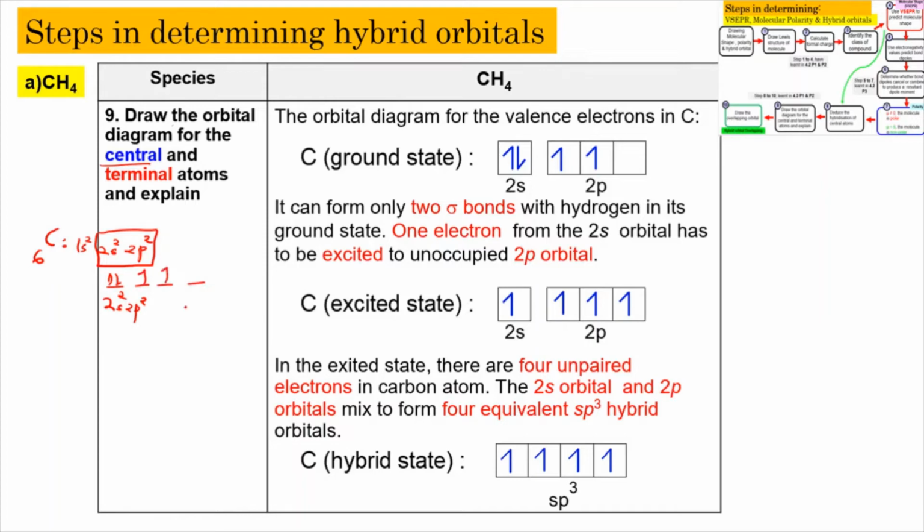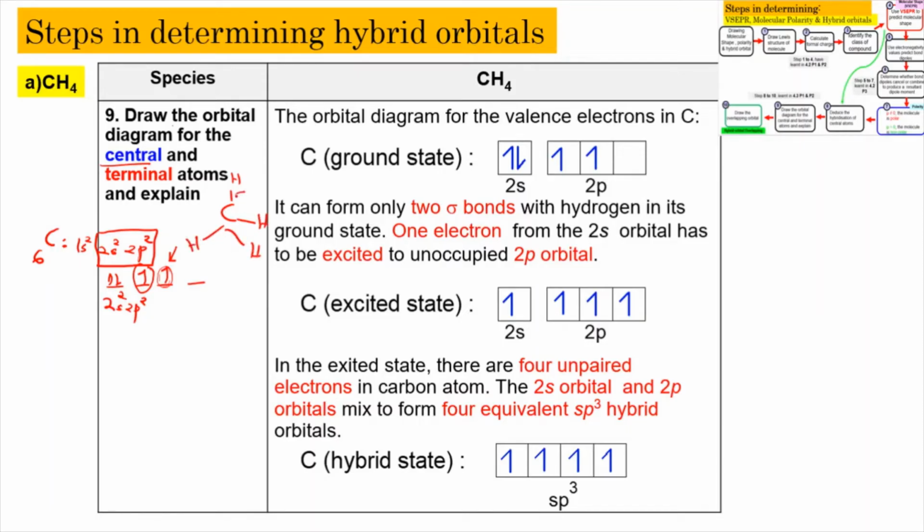However, if you look at here, you can only produce one sigma bond and then one sigma bond, which is not quite what we wanted, because our drawing using VSEPR is something like this, right?